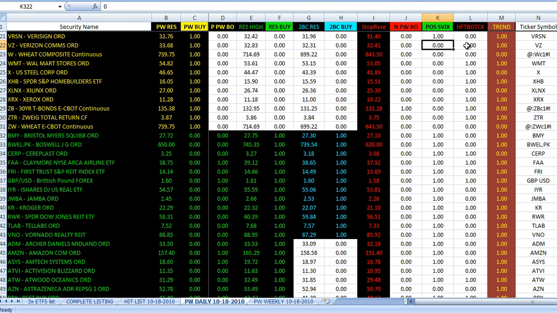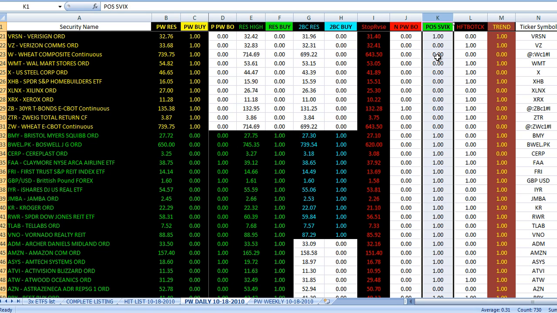The upgrades have condensed signals into these two columns. Okay, what that means is we now have positive momentum readings built into the positive swing VIX. So even if we don't have a positive swing VIX signal, it will pick up positive momentum in that particular security as well.